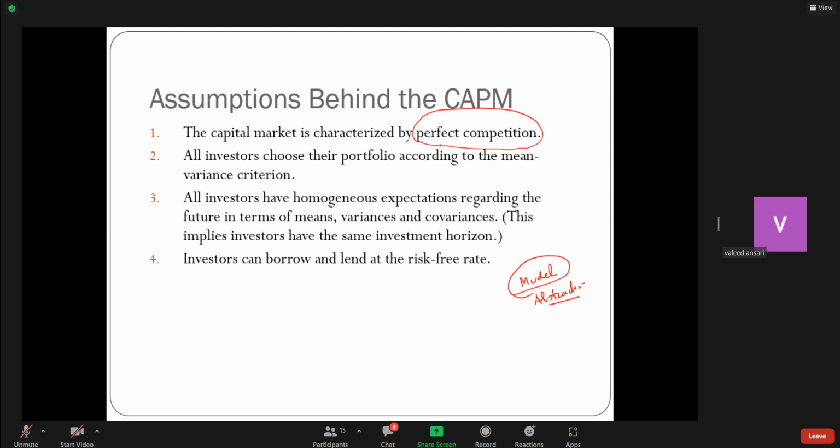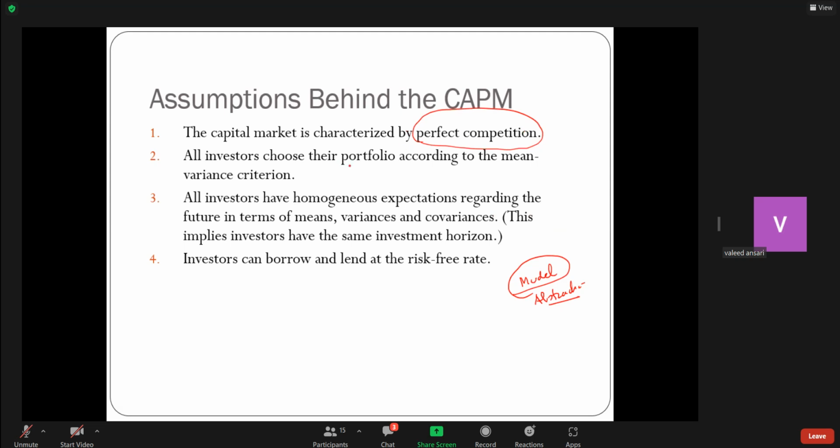No seller or buyer is strong enough to influence security prices, and the securities are homogeneous in the sense that they can be evaluated based on risk and return. It's not exactly like the consumer market, where we look at products which are substitutes in a real sense. But here, if you cast all the securities in terms of how much risk and how much return, one can be substituted for another.